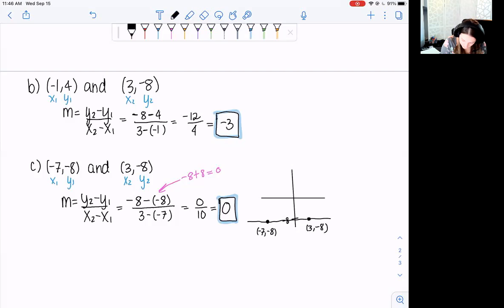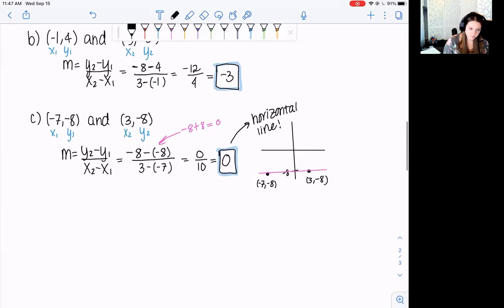And that is a horizontal line. So not super weird, but a little weird.